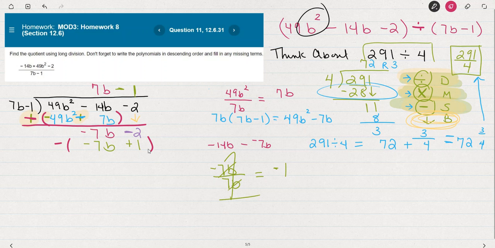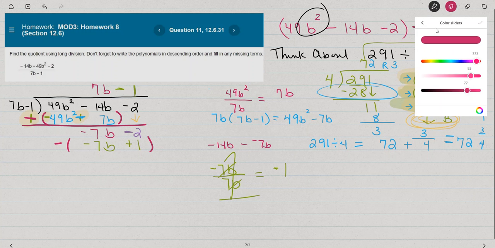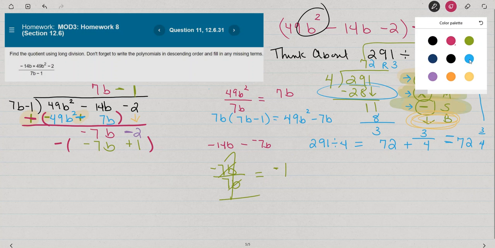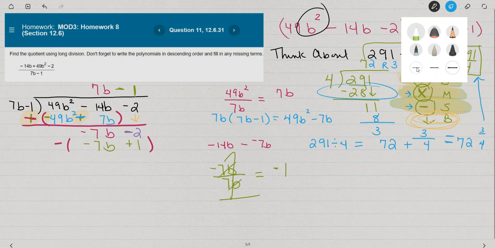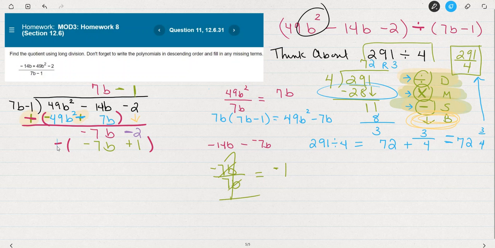So to subtract that whole thing, what's a nice color? How about if I use this blue here? To subtract this, I'm going to change the subtraction to add and change each of these terms inside that parenthesis to their opposite. And now it's just adding, right?